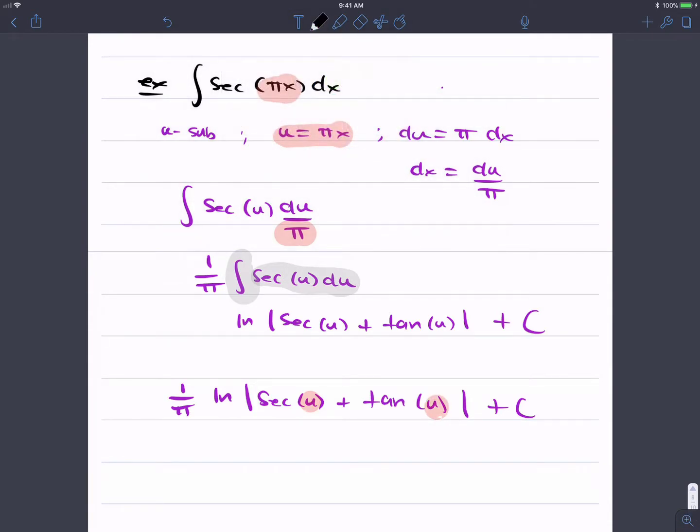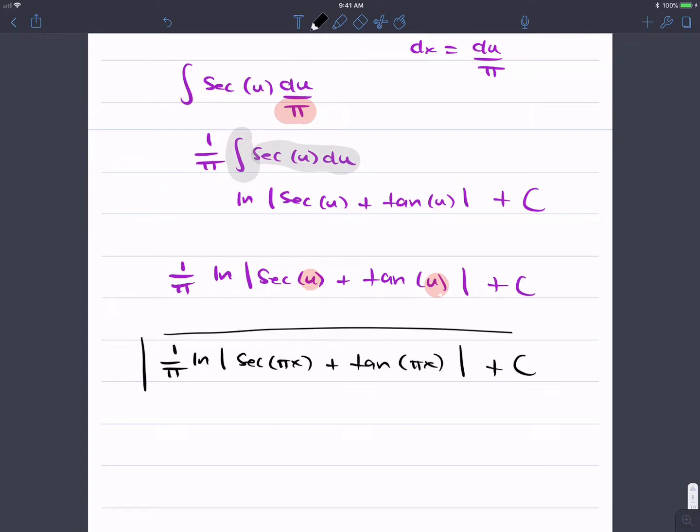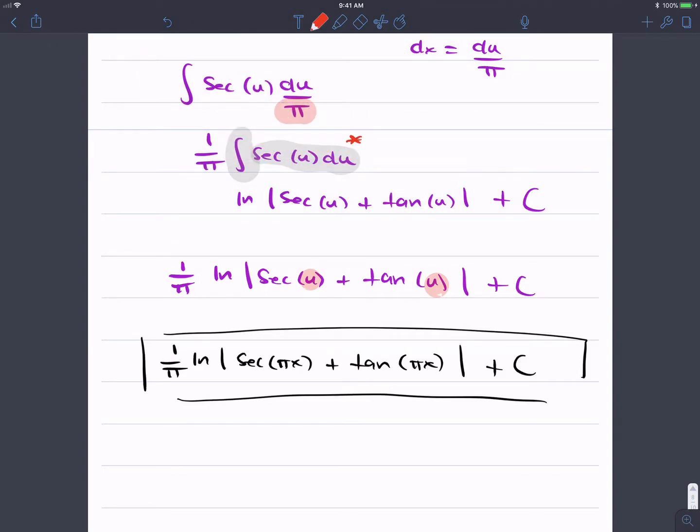As a final answer, we'll have 1 over pi natural log absolute value of secant of pi x plus tangent of pi x plus that constant c. So here is the integral of secant pi x, and notice we did use substitution. The key here though is to always remember this particular formula. It'll save you some time on how to integrate secant.